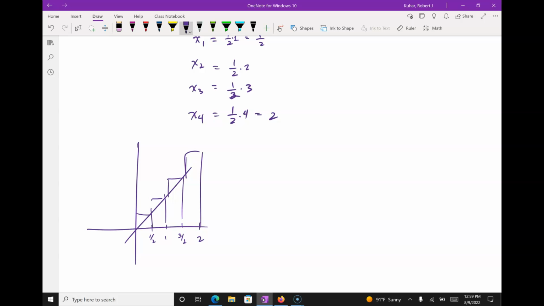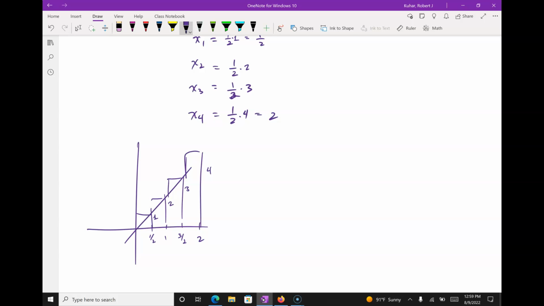And remember, my height is 2x. So this is a height of 1, this is a height of 2, this is a height of 3, this is a height of 4.